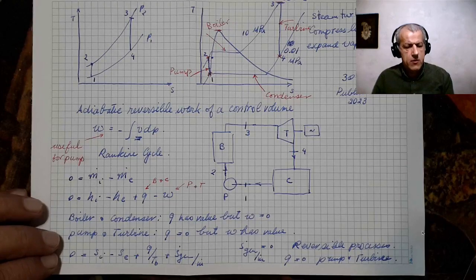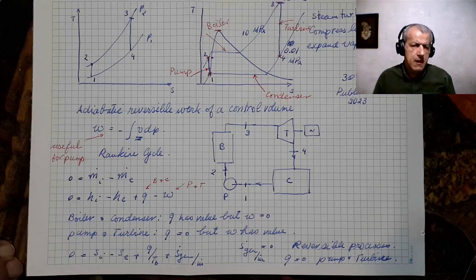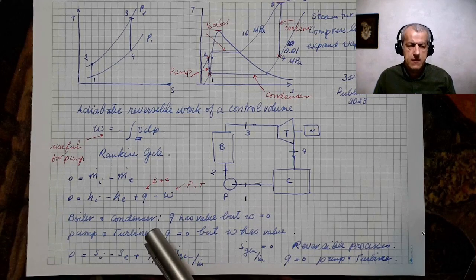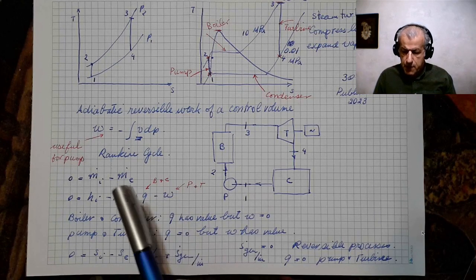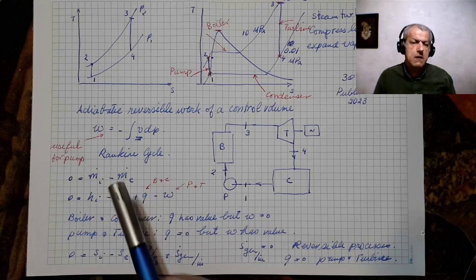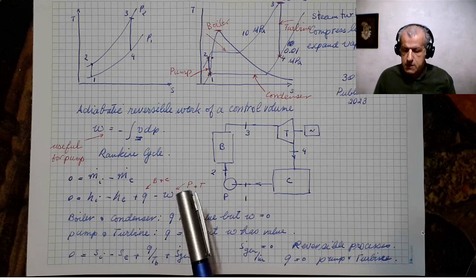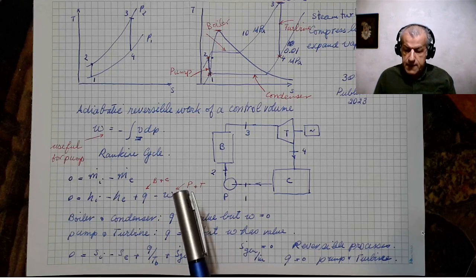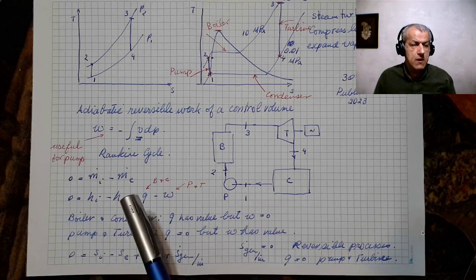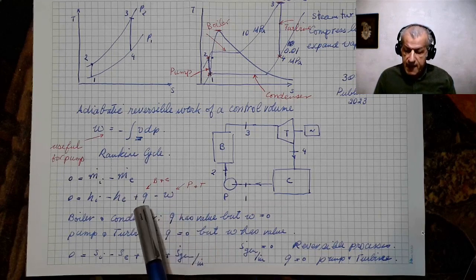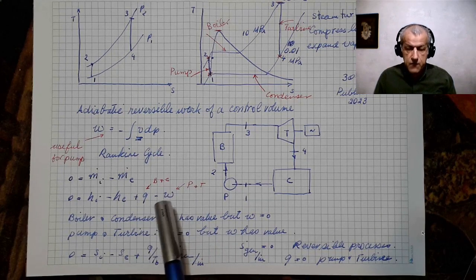Our governing equations are very similar to what we used for the basic Rankine cycle. All elements are steady state, so inlet and outlet mass flows are equal. We have two types of instruments.